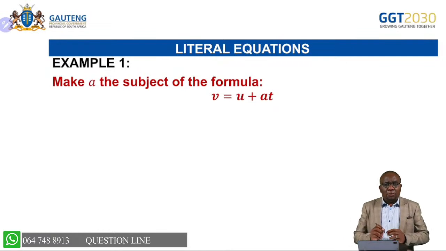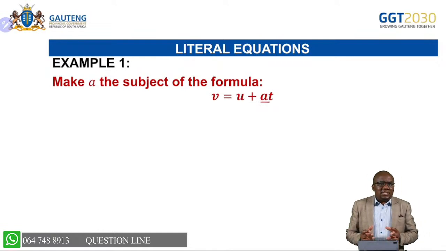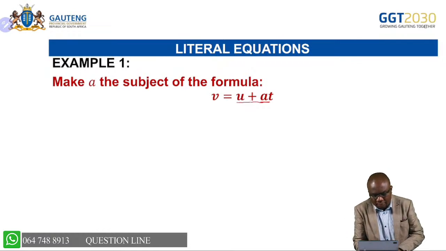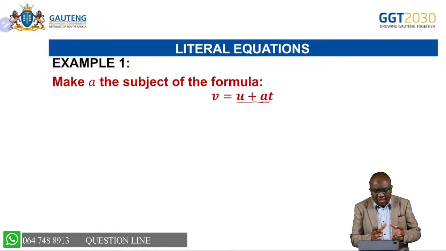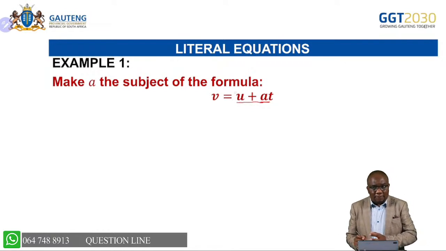Right. Now, we look at this. Make A the subject, and then we look at A. It's attached to T here by multiplication. It is attached to U also by addition. But if you check at U and AT, these are two different terms. Do you see that?